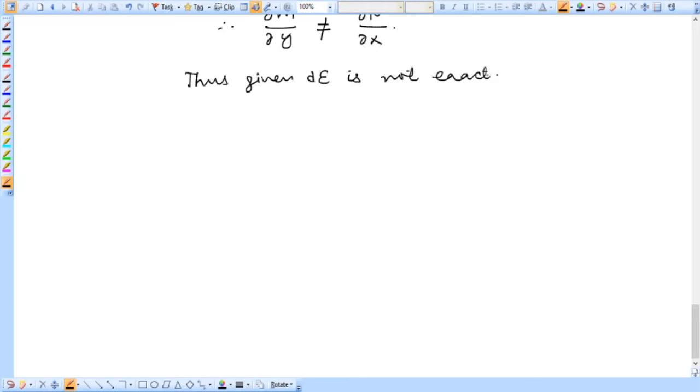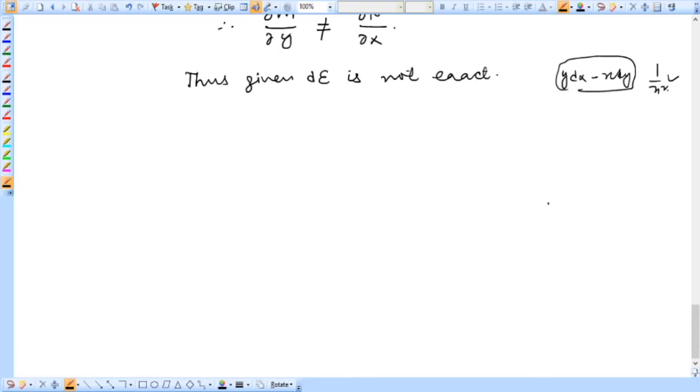So in order to make it exact, we need to find some integrating factor. As I told you earlier, in this case the term y dx minus x dy is suggesting that 1 upon x square would be the integrating factor of the given differential equation.